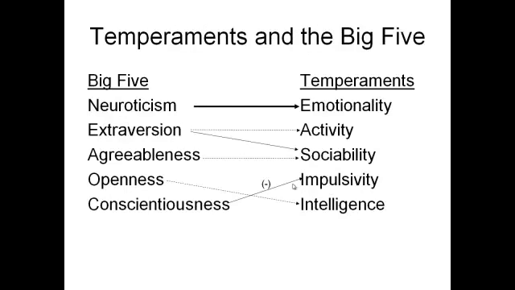As I said before, there's plenty of overlap between the temperaments, such that neuroticism and emotionality are pretty much the same thing, a strong correlation. Extroversion and activity, extroversion and sociability: there's a weak correlation with activity, a somewhat strong correlation with sociability. Agreeableness also touches on sociability. Openness touches on intelligence, and conscientiousness is negatively correlated with impulsivity, which would make a lot of sense.